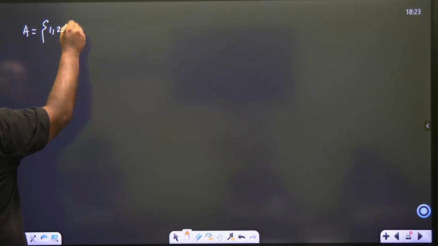Clear? Okay. So now I again take an example. A as a set which is equal to {1, 2, 3} has these three elements.